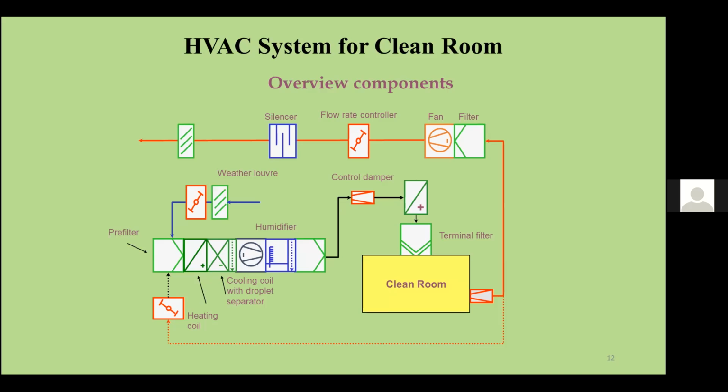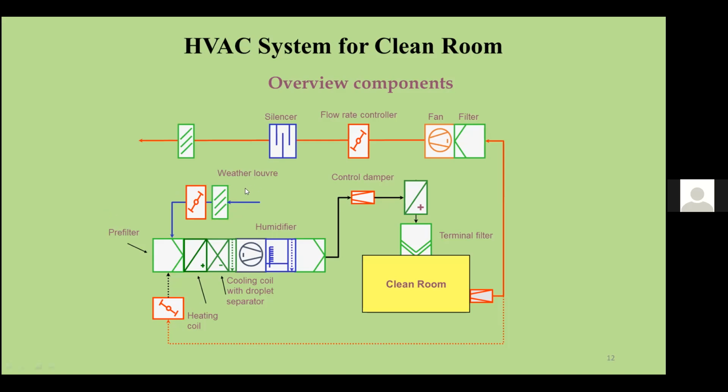Here we can see in that image, these are the HVAC system. The HVAC system has a lot of components like the cooling coil, humidifier, some walls. Suppose some weather louver is one kind of component you need to protect from weather contamination.